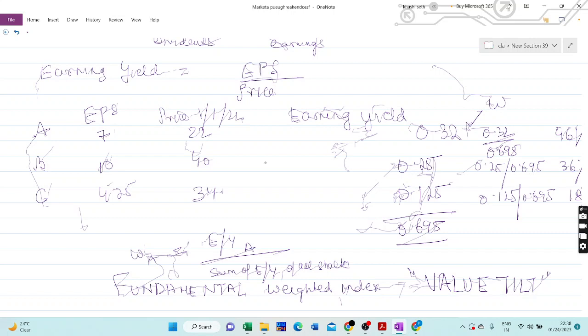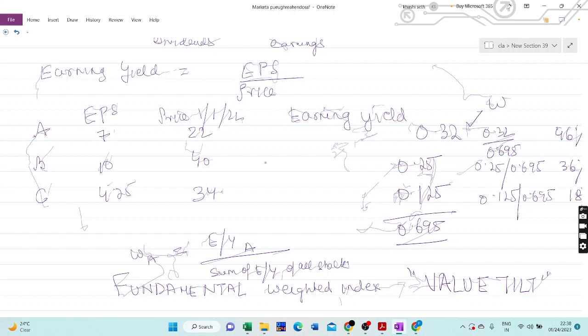Because value stocks have the highest weight in a fundamental weighted index. So such fundamental weighted indexes are said to have a value tilt. They have a higher weightage or they are more tilted towards value stocks.